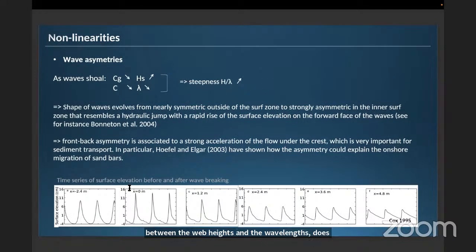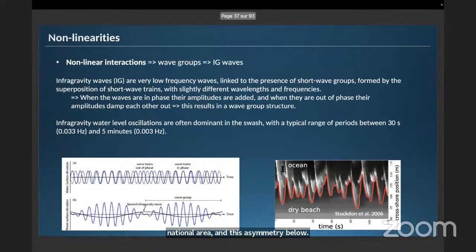And so we go from a more sinusoidal shape, let's say, towards a more and more asymmetric shape of the waves. This front-back asymmetry is associated to a strong acceleration of the flow under the crest, which will be quite important, for example, for sediment transport. So this is something to consider also, and it can induce some breaking at some point.